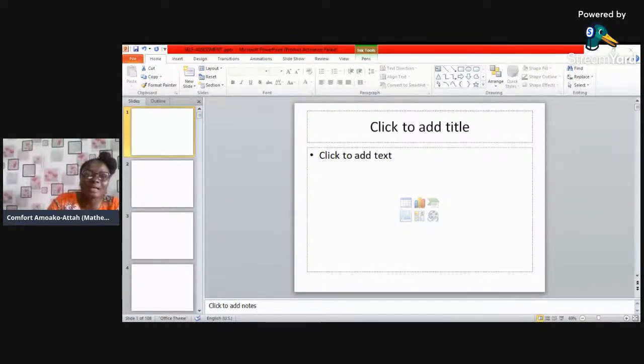We are given that V is equal to pi h squared, bracket, r minus h over 5, bracket close.